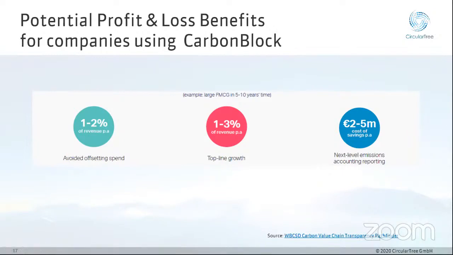If they have a lower carbon footprint, they need to pay less carbon tax, and this could add up to 2% of the revenue. Top line growth: those companies say that sustainable products grow faster, and then they see a top line growth of 1 to 3%. And then in the reporting, they say they could achieve a saving of up to 5 million per year.